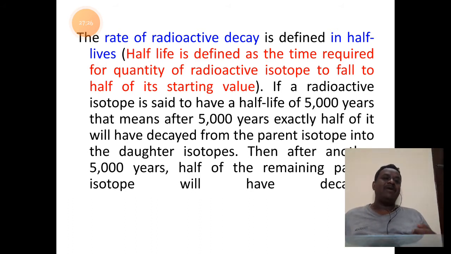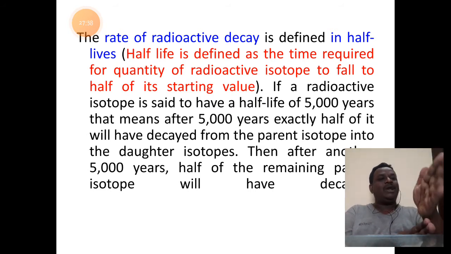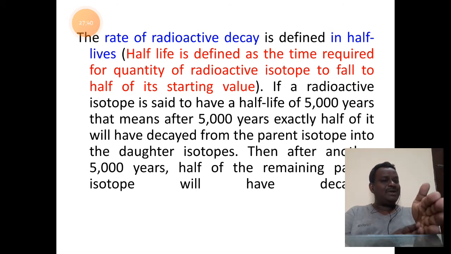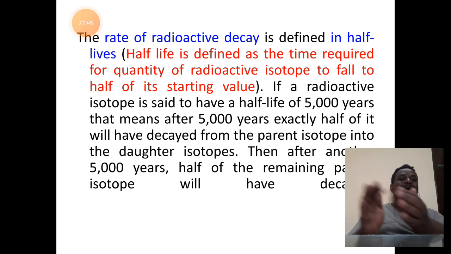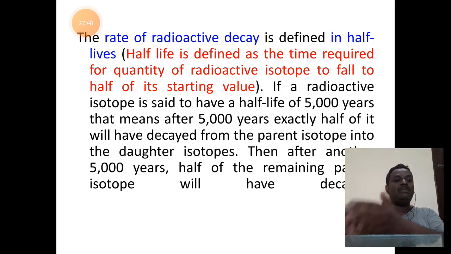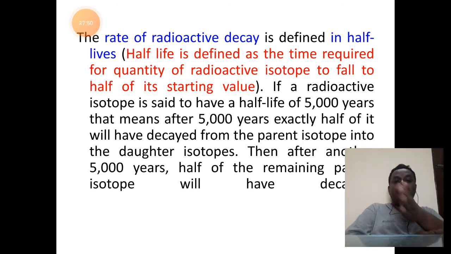Suppose I have 100 molecules of a radioactive element, that 100 will reduce to exactly 50 in a particular time. The time taken for these 100 elements to reduce to 50 by the radioactive process is called the half-life period.